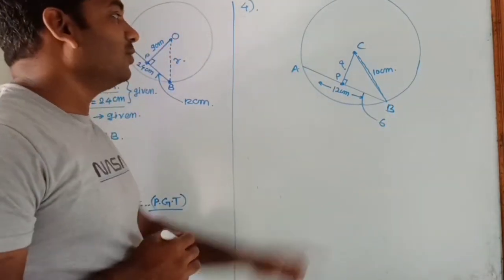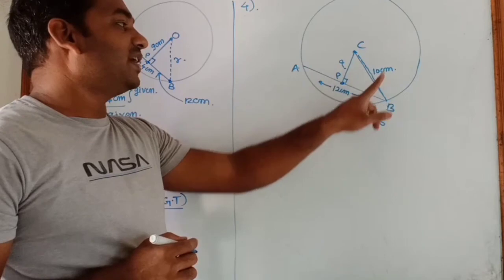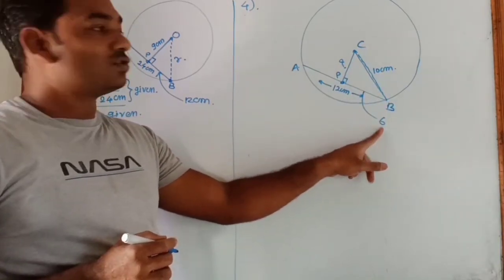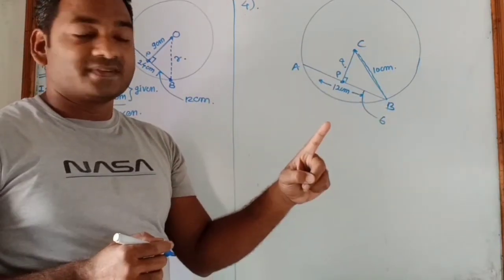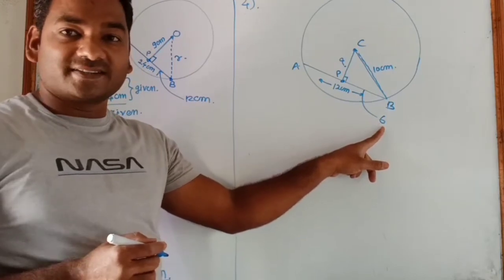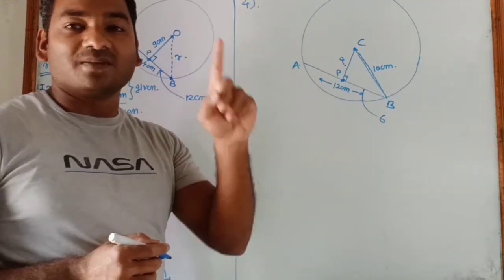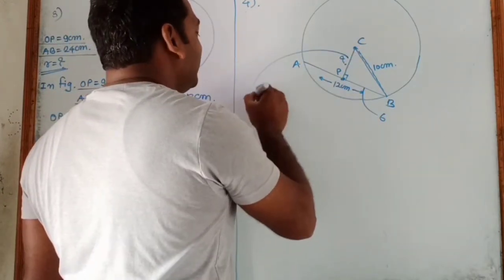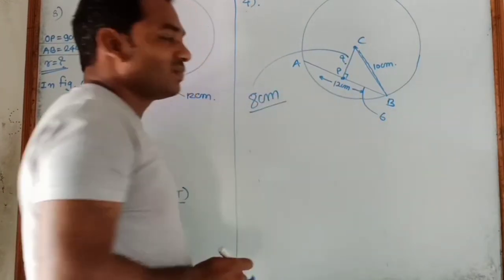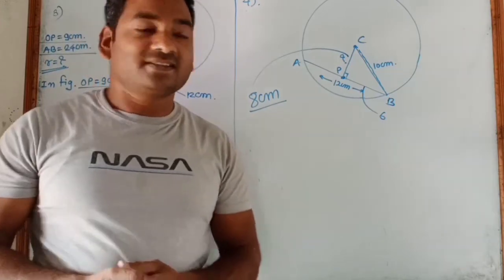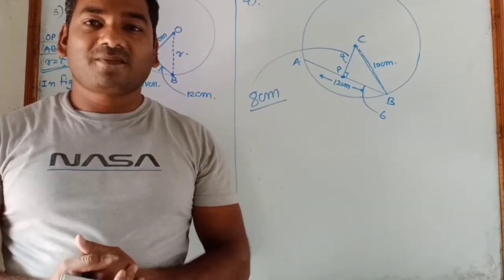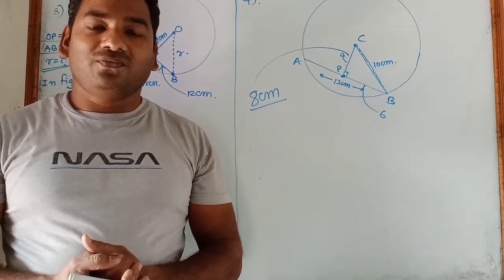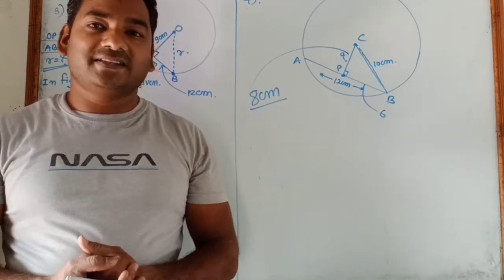Right? And we have to find this. So 10 square minus 6 square. So 10 square is 100. 6 square is 36. As we do the subtraction, it becomes 64. And taking square root, it becomes 8 centimeter. So you can all complete this question number 4 here, and with this we finish practice set 17.1.